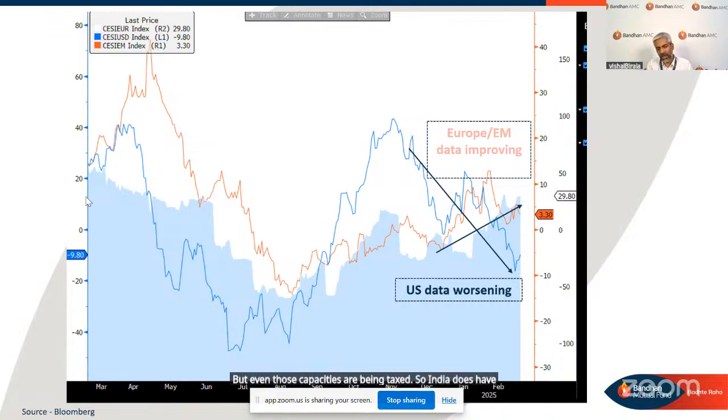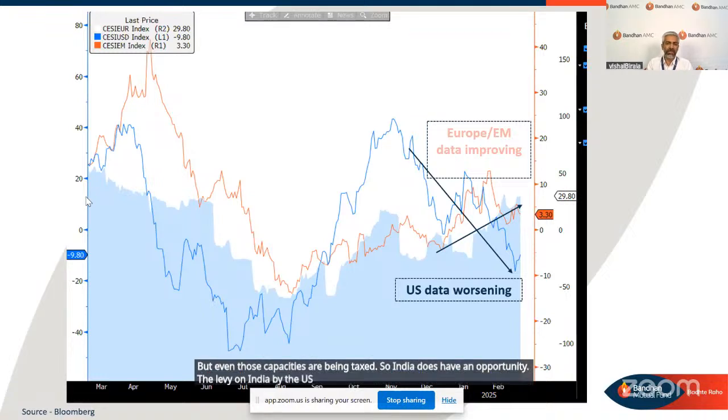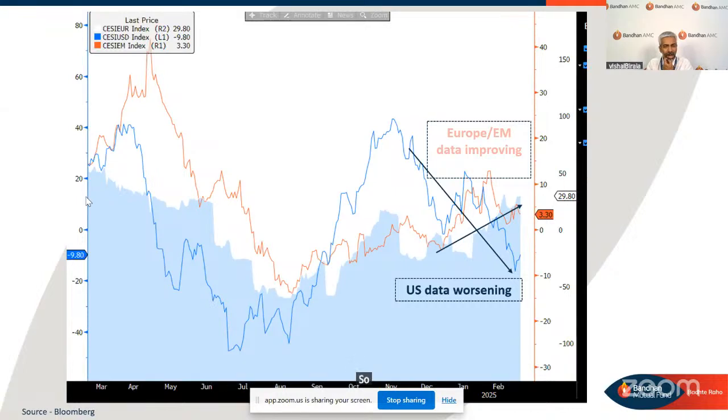The levy on India by the US is lower than the levy that they have put on some of our peer countries, or what they have put in general on a developed economy. If they've put a lower tariff on a developed country but they've put 26% on India, it will not matter, because the cost of producing in that developed country is very high.